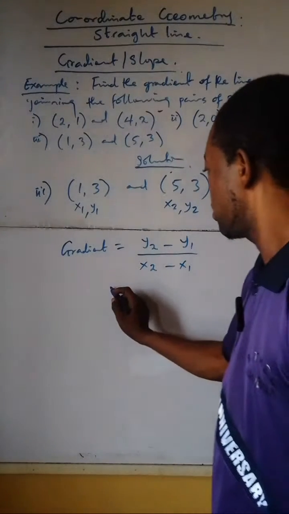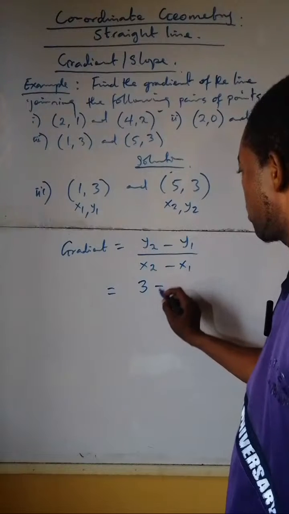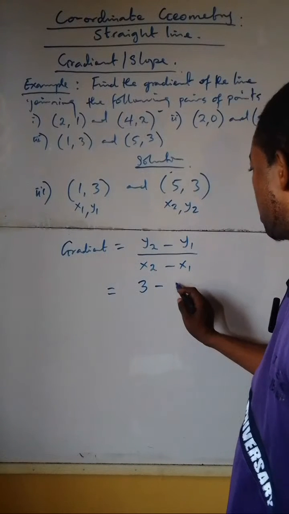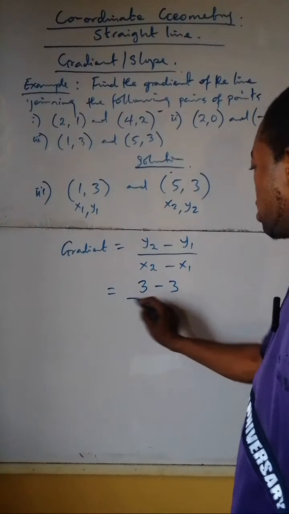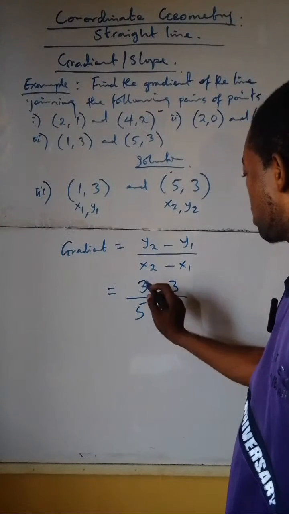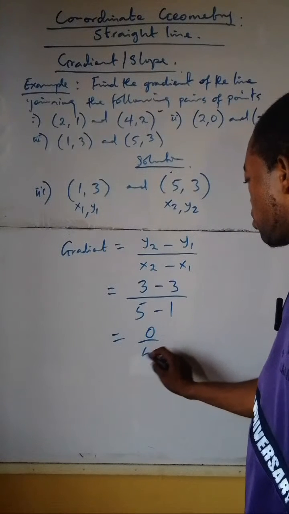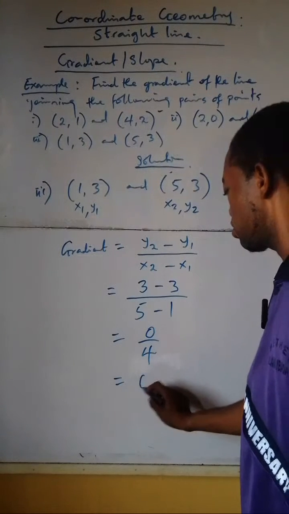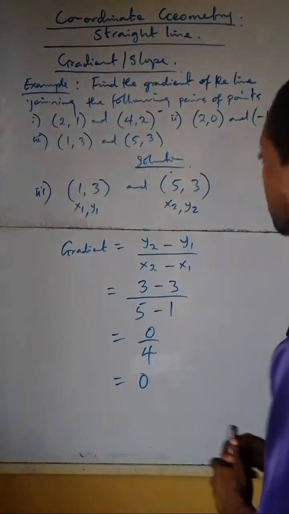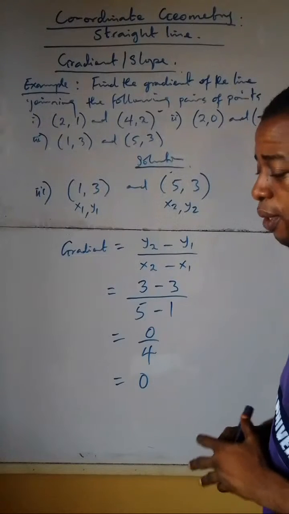That is here, y2 is 3, so that's 3 minus y1, that's also 3, then over x2, that's 5, then minus x1, that's 1. 3 minus 3, that's 0 over 4, and 0 over 4 here is still 0. So the gradient for the last question here is 0.